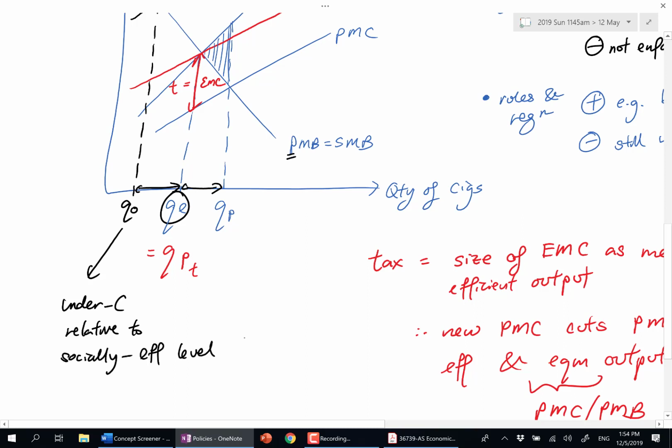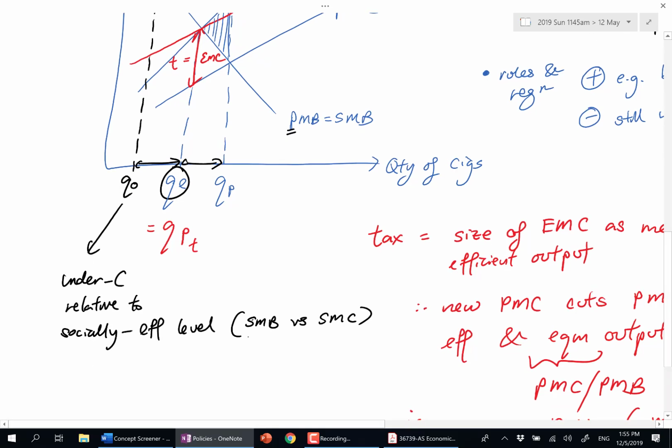Socially efficient level is where you compare SMB versus SMC. Some students will ask a question here. They will ask, how is it possible to underconsume cigarettes which are so undesirable? Now, don't forget, in econs, we are very fair. We are not really biased towards cigarettes or anything, but we look at conditions.